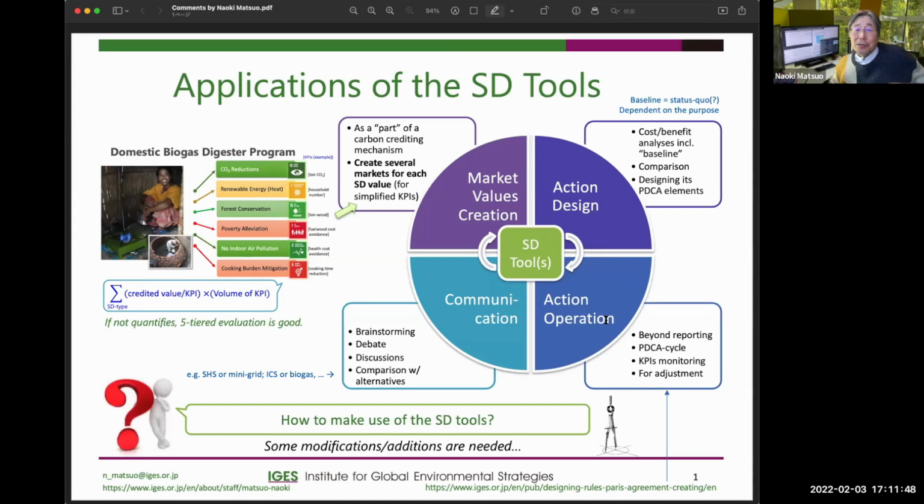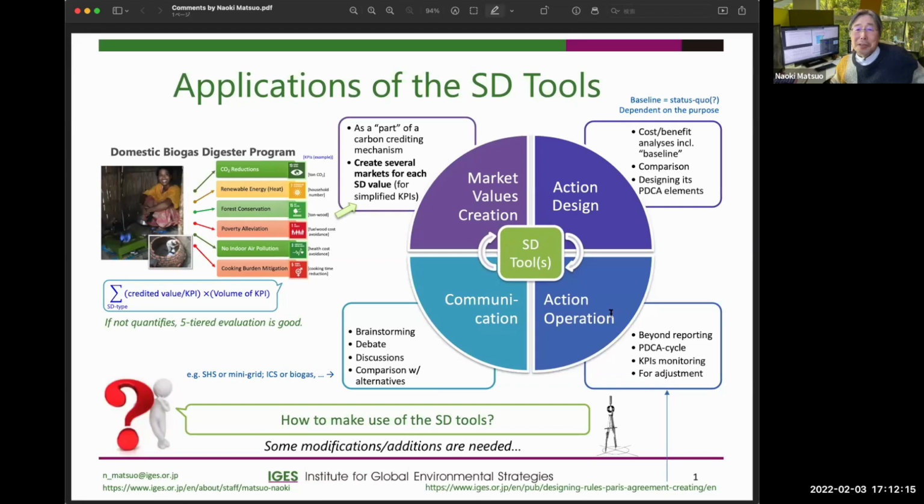So actually, we are interested in the transparency or accountability related aspect, but reporting is important, but the implementation of action is much more important, I think. So the PDCA cycle is key, and the key KPIs monitoring, and how to adjust the actions in the next round, those kinds of things.